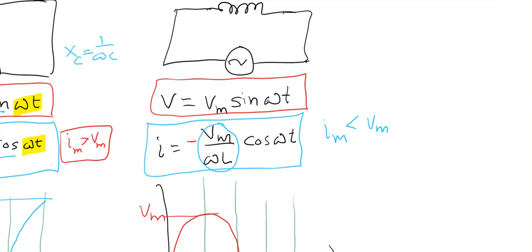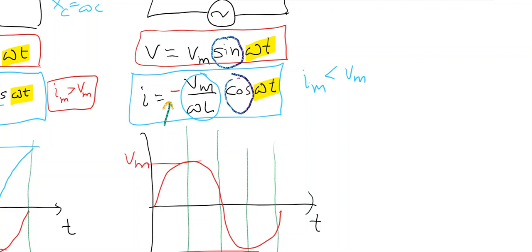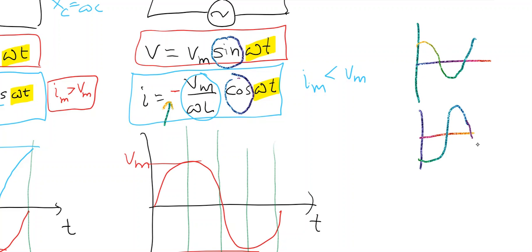Again, voltage is a function of omega t, current is also a function of omega t, variation is as per omega t. Voltage is a function of sine, current is a function of cos. And I'll have to take care of the negative sign also. What do you mean by negative sign? So normally the cos function starts like this, but with negative cos, I'll have to draw it like this.